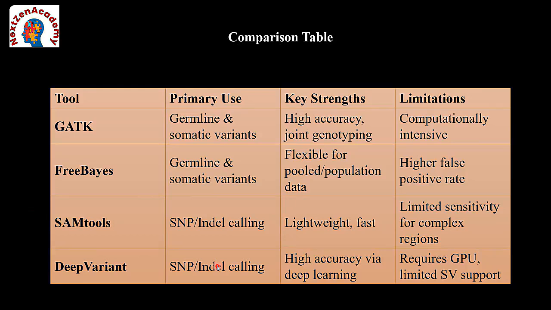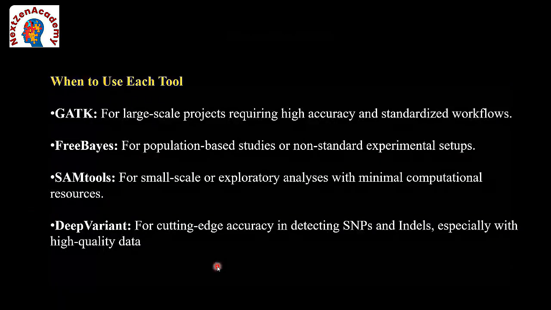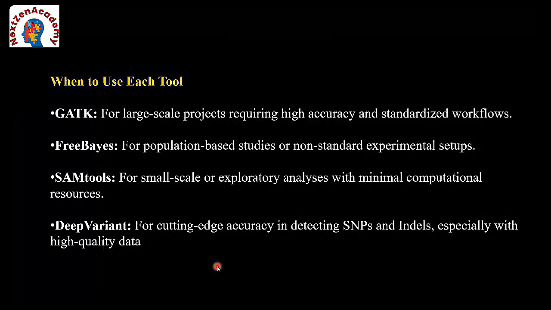Another popular tool to work with is called DeepVariant, a machine learning based variant caller developed by Google specifically for highly accurate SNP and indel detection.